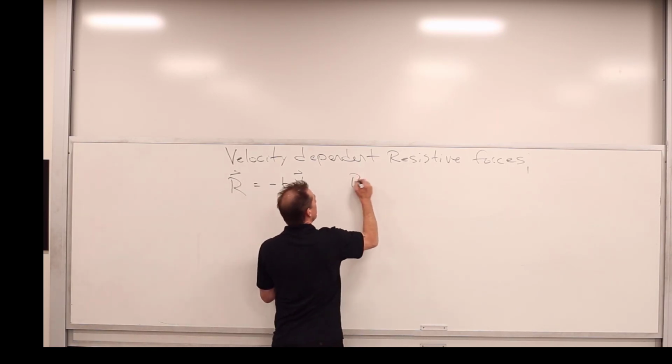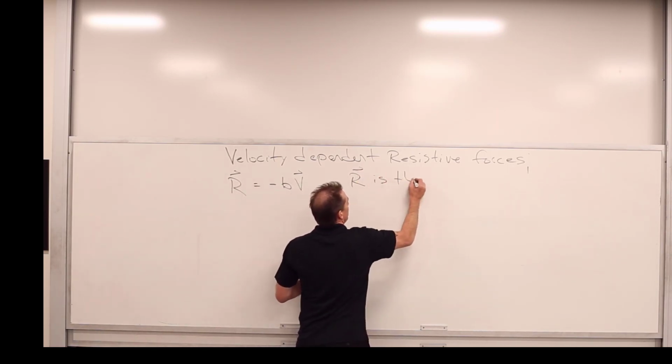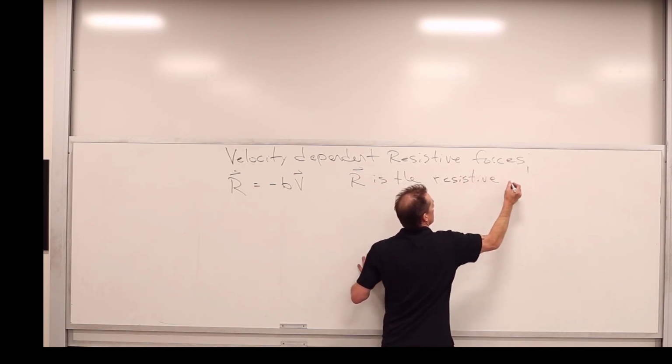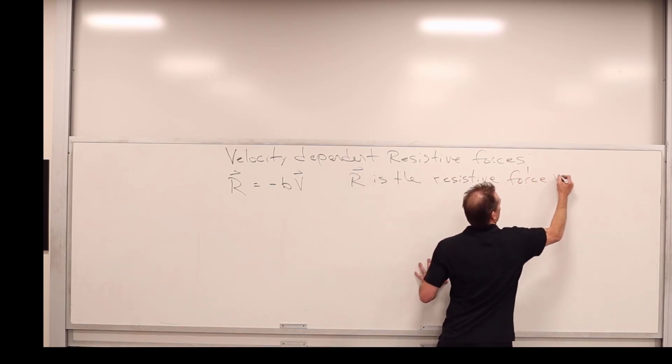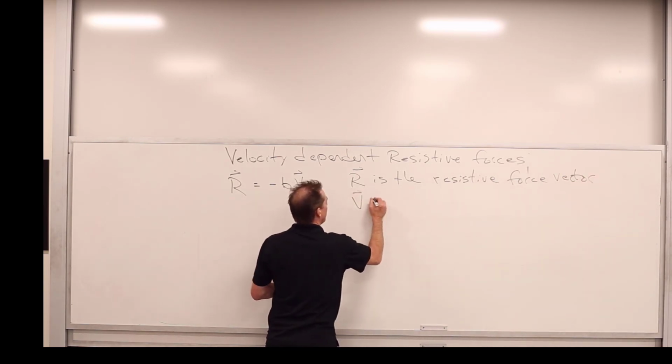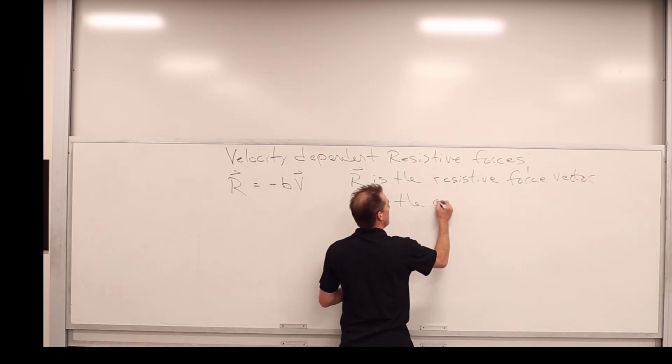R hat is the resistive force vector. v hat is the object's velocity vector.